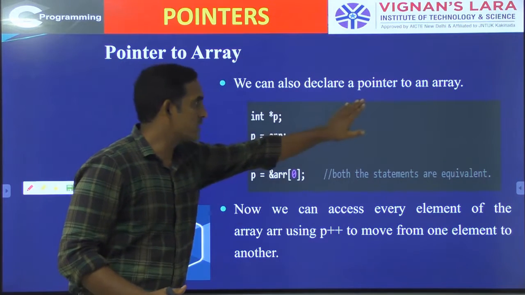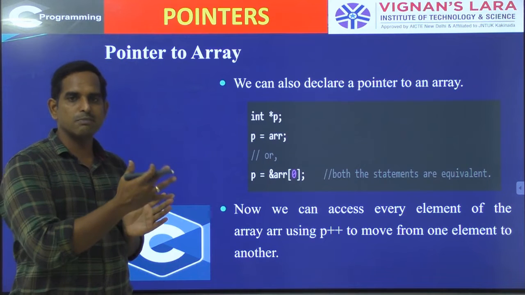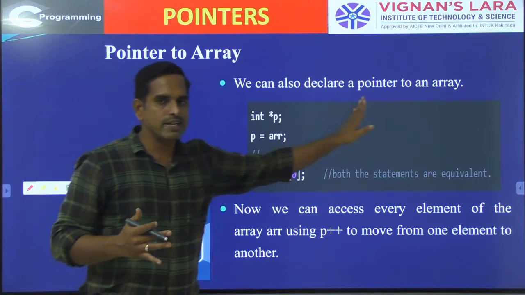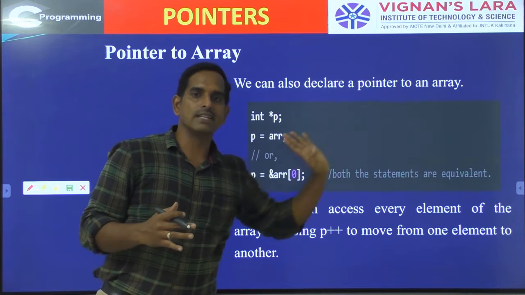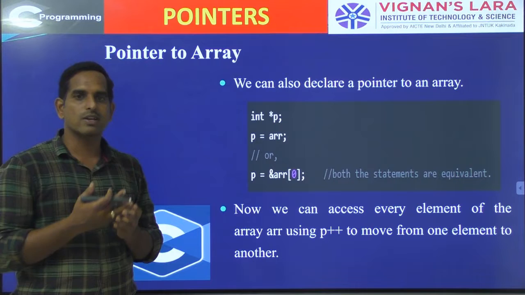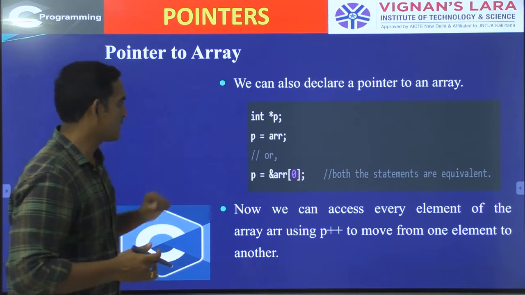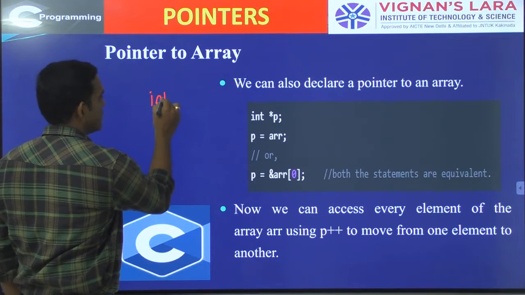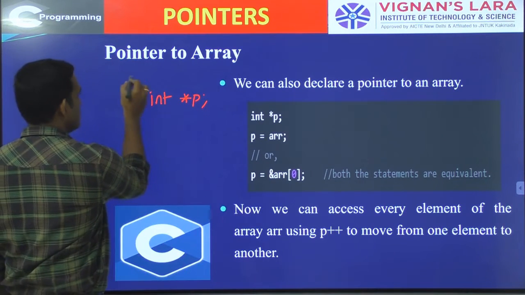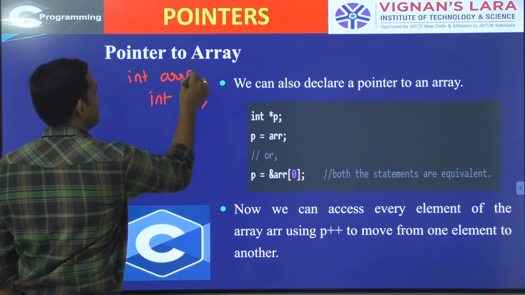So that is about the relation between pointers and arrays. You can also declare a pointer to an array. That is, not only does the name of your array act as a pointer, you can declare separate pointers which point to your array. For example, you have a general pointer P, and an array ARR of 5.